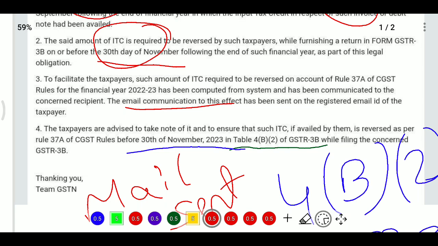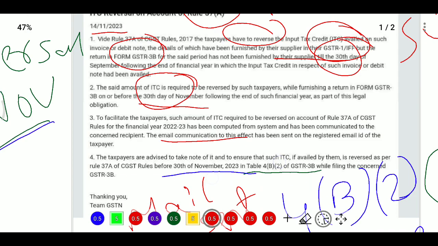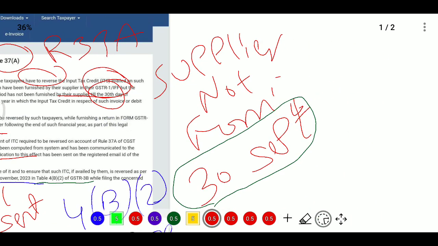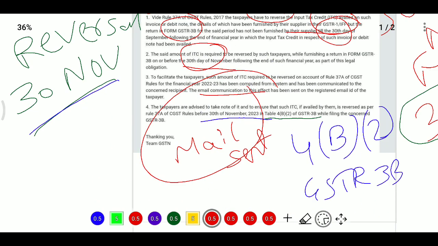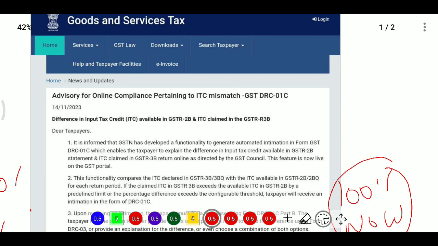You need to adjust that. So if the supplier has not filed by 30 September, you need to reverse it up to 30 November, and that mail was sent to all taxpayers, and you need to adjust in GSTR3B table 4B2. This is the first advisory.